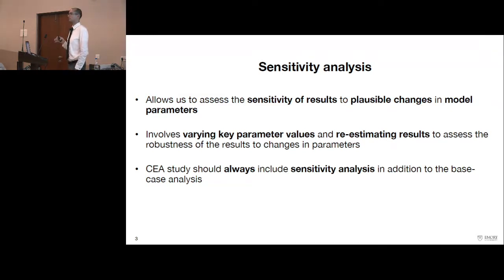If you read a study that just shows you one number, one ICER, and that's it, that's not a good study. There's parameter uncertainty in pretty much every single cost-effectiveness study that has ever been published. And a good analysis should admit that and do a sensitivity analysis to show how robust, how reliable the model outcome is.